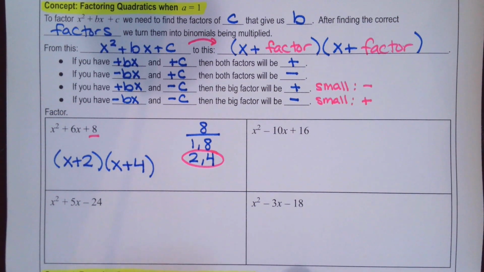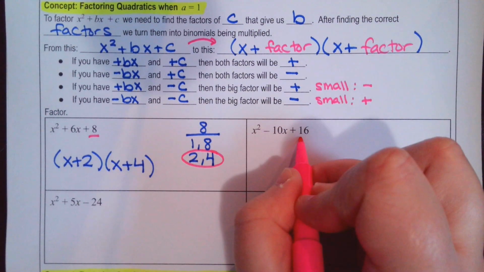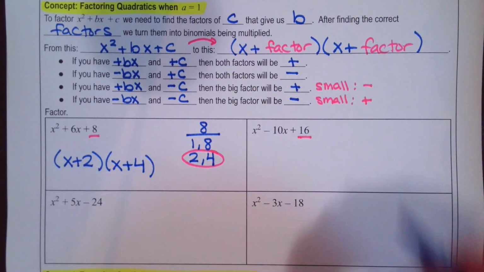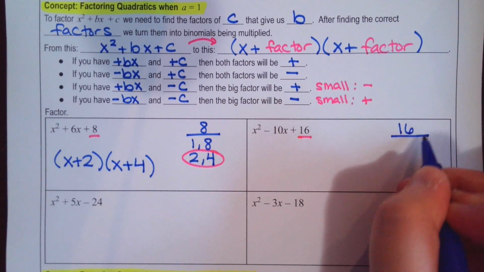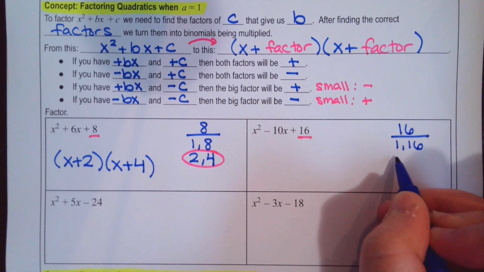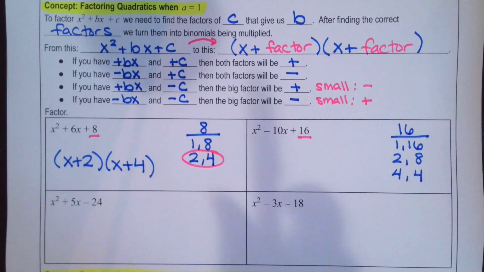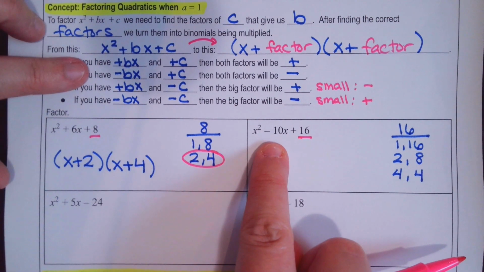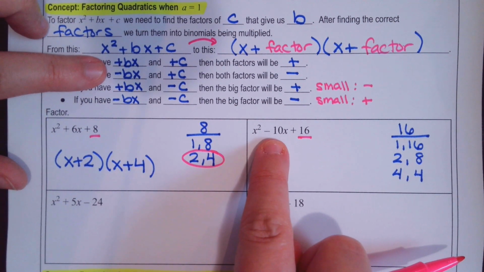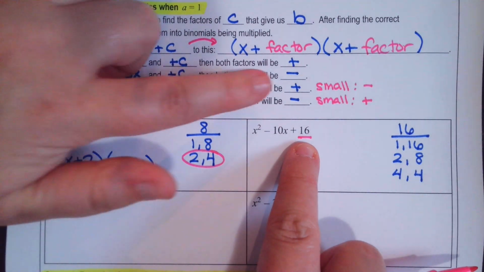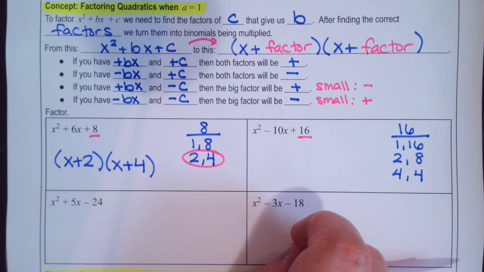All right, our next one, x squared minus 10x plus 16. So we want factors of 16. So we have 1 and 16, 2 and 8, 4 and 4. Now, if we look at our little rules, minus bx plus c, both factors are going to be negative.